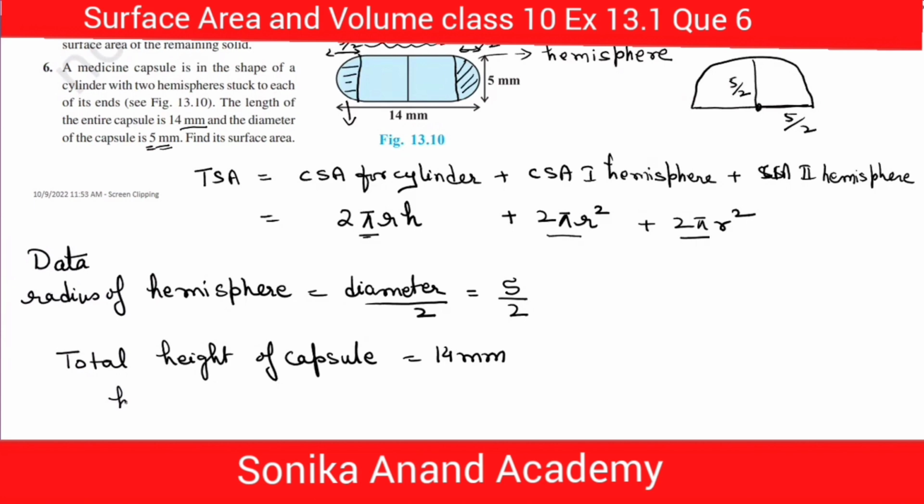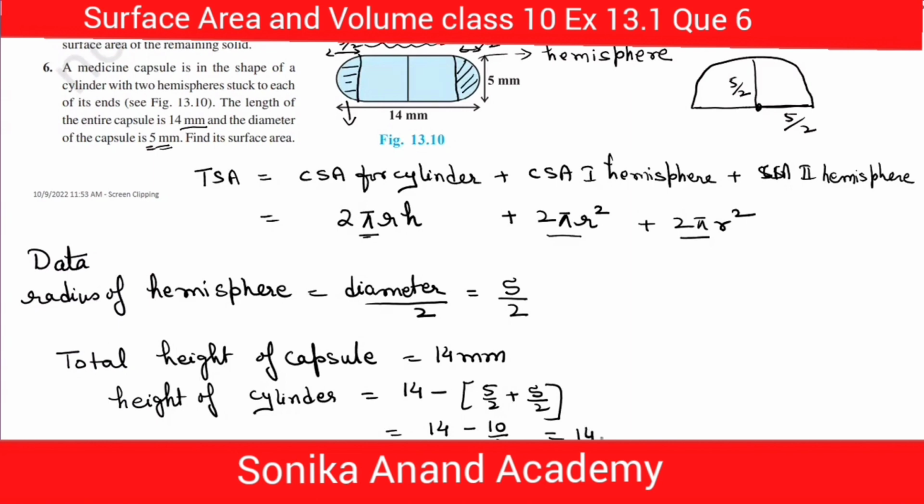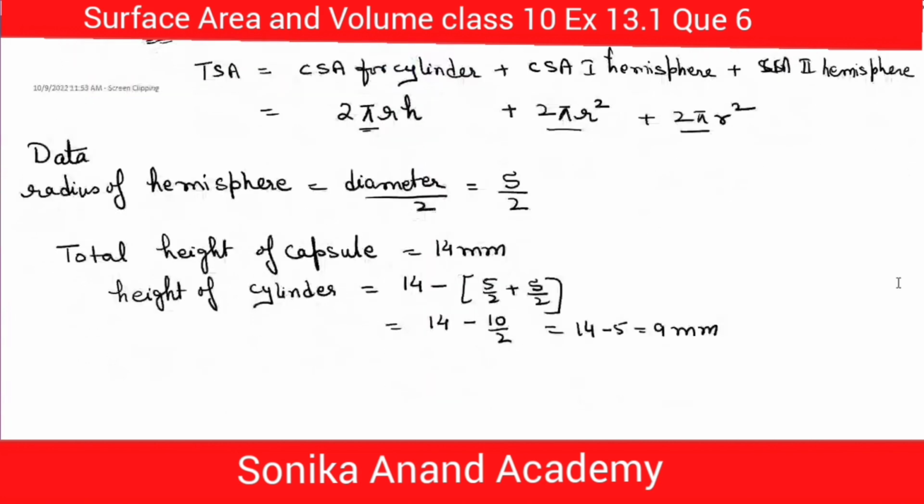So height of cylinder is equal to 14 minus 5 by 2 plus 5 by 2 for both the hemispheres, this one and this one. So it becomes 14 minus 10 by 2, which is equal to 14 minus 5, that means 9 millimeter. Clear? Now we put all the values in our data.